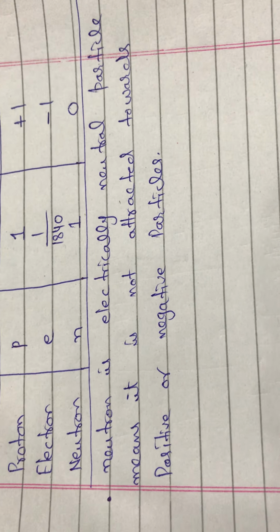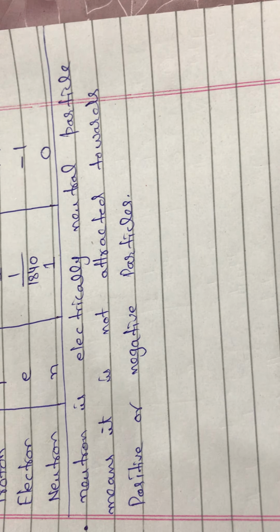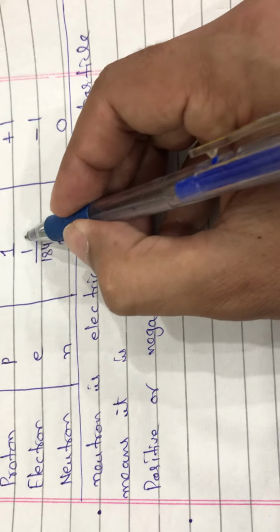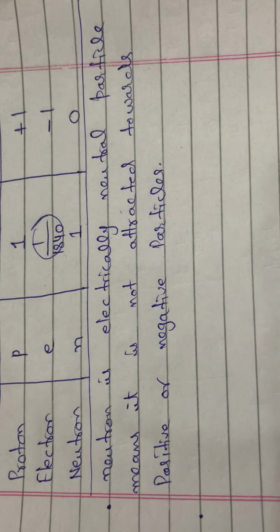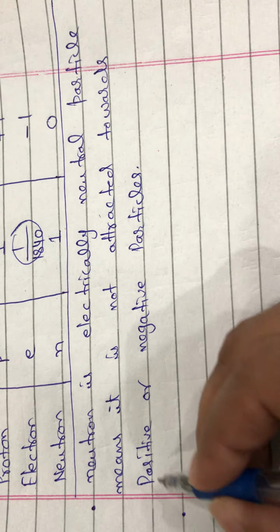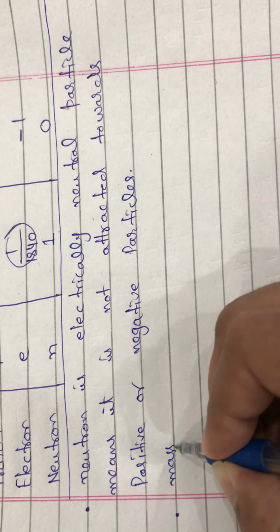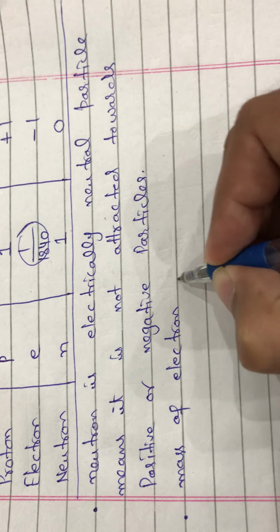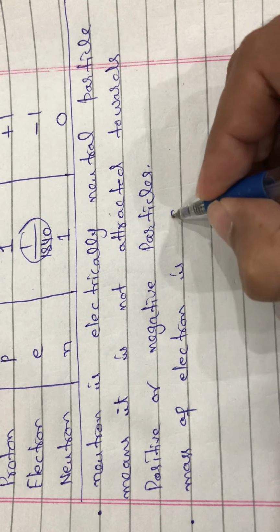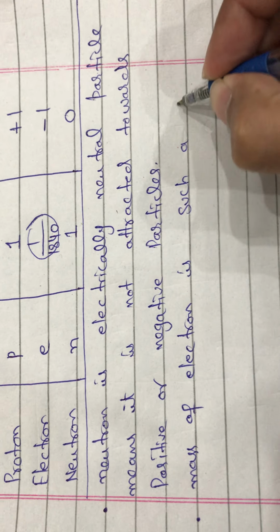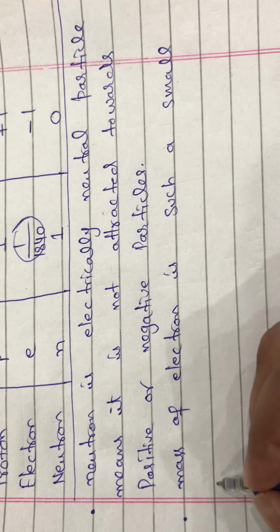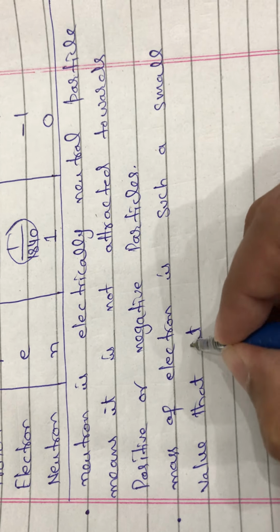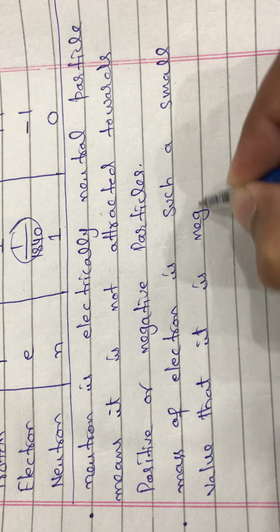One more thing that we have to explain further is the mass of electron. The mass of electron is such a small value that it is negligible.